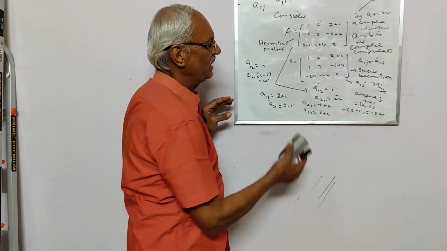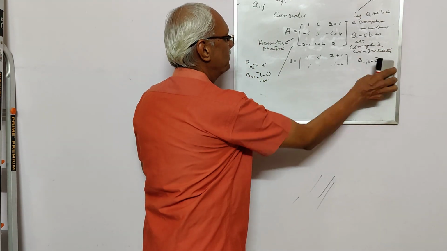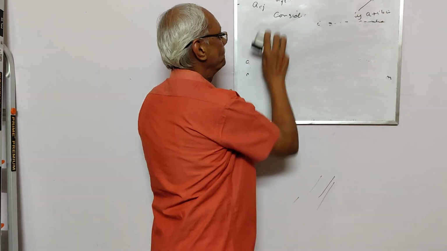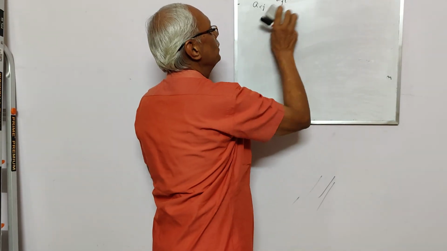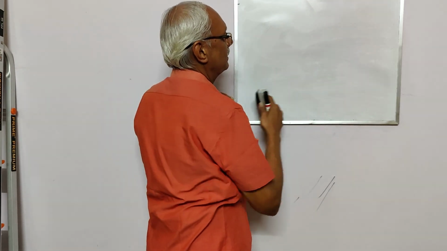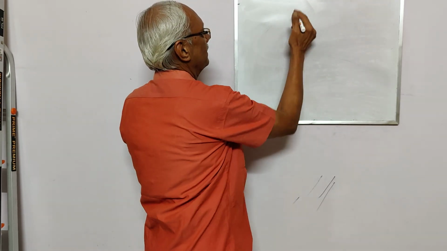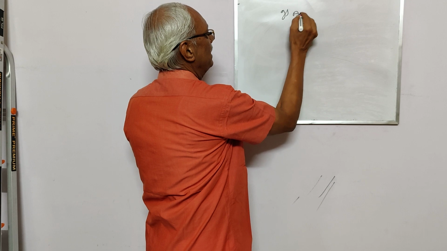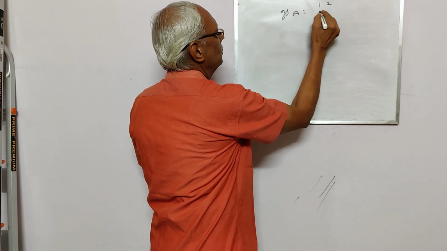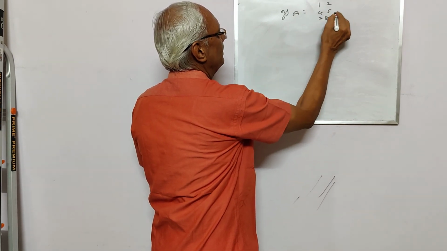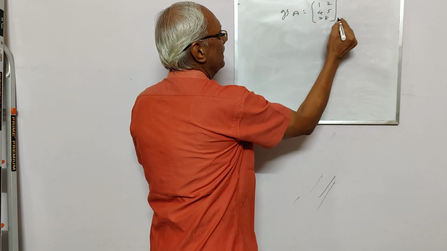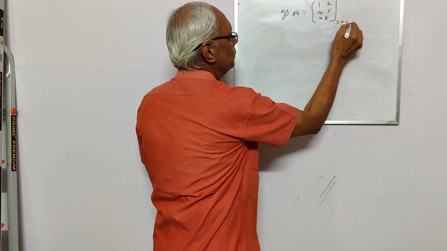Now, let me come to a very important concept, the transpose of a matrix. See, if A is equal to 1, 2, 4, 5, 7, 8, this is a 3 cross 2 matrix.